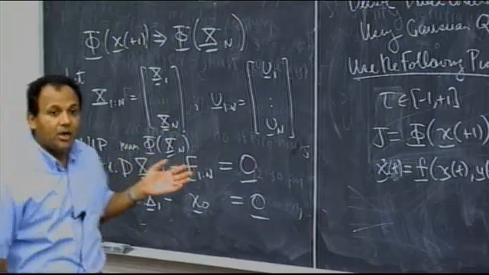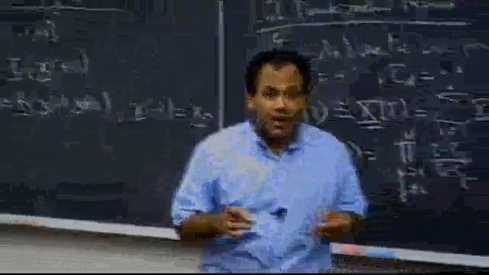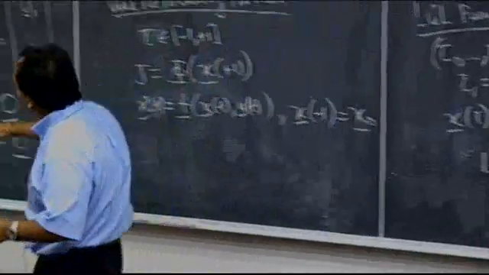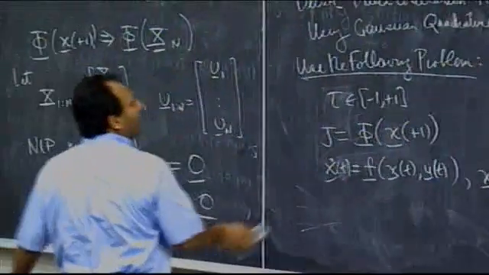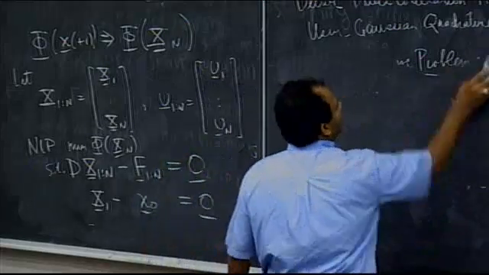Well, I just got through talking about Gaussian quadrature. Gaussian quadrature is a way to integrate, right? But this is not an integral form. In order for this to be an integral form, I would need this.